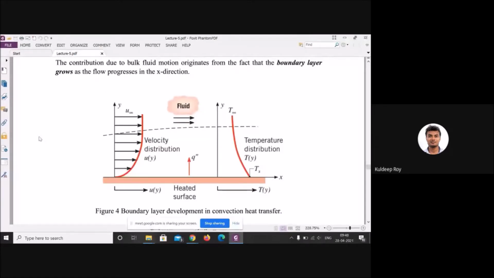And one more thing, in your curriculum you first read fluid mechanics, correct? After fluid mechanics you deal with heat transfer, because there is a similarity between fluid mechanics and heat transfer. What is the similarity? Just have a look.